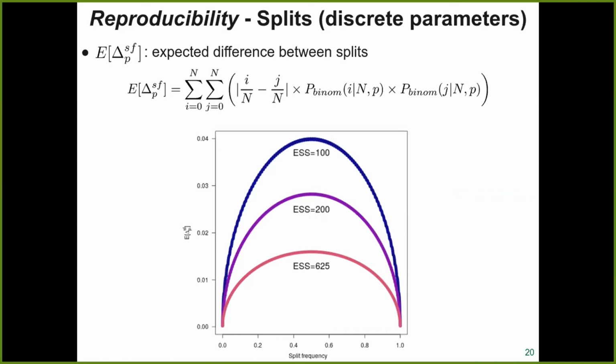So we calculated this expected difference based on different true probabilities and with different ESS values. And we can see first that the expected difference is going to depend on the true split frequency. And also that as we increase the number of samples, the expected difference is going down.